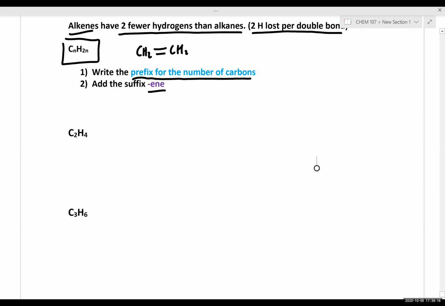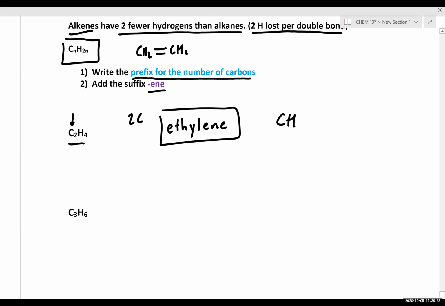So for example, C2H4, we have 2 carbons, so we use the eth prefix, and then we add the ending ene. So C2H4 would be known as ethylene. And that looks something like this.